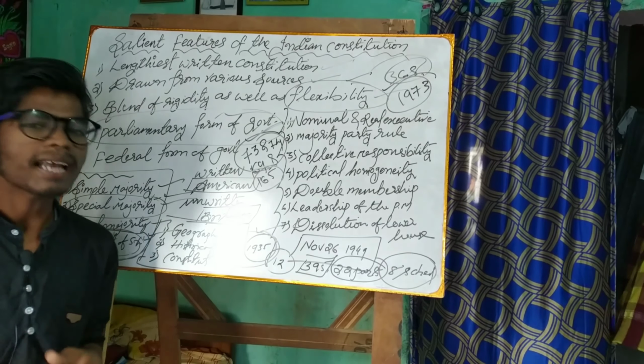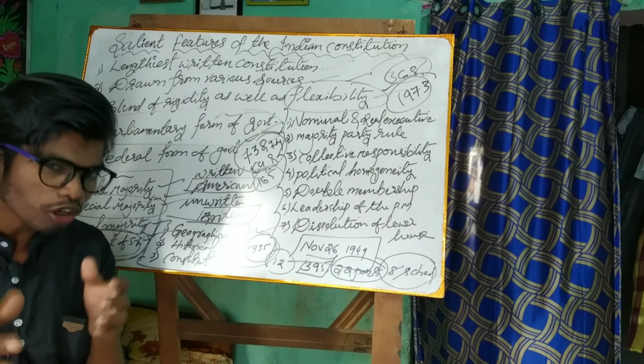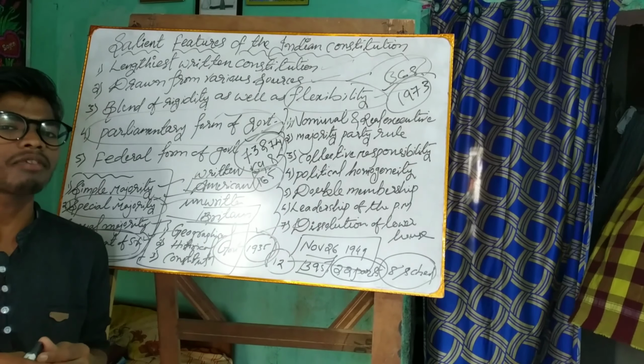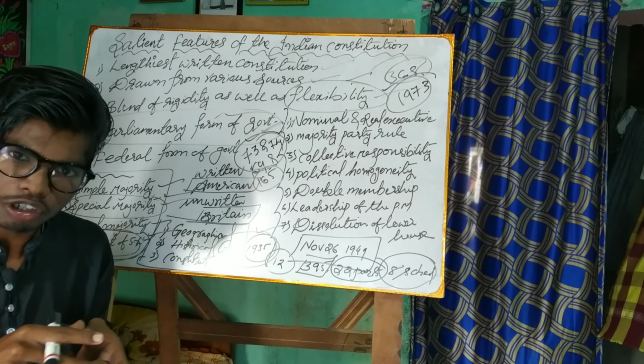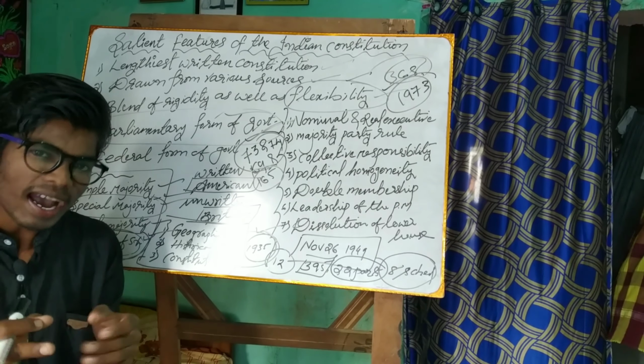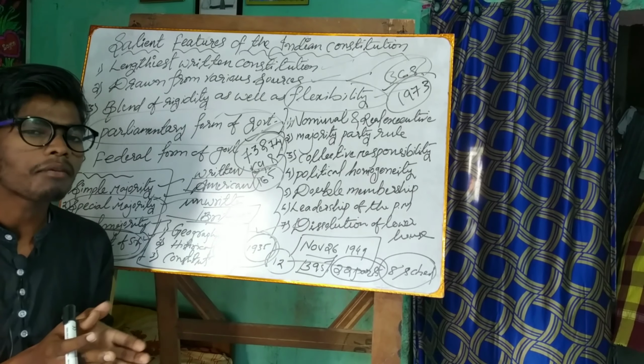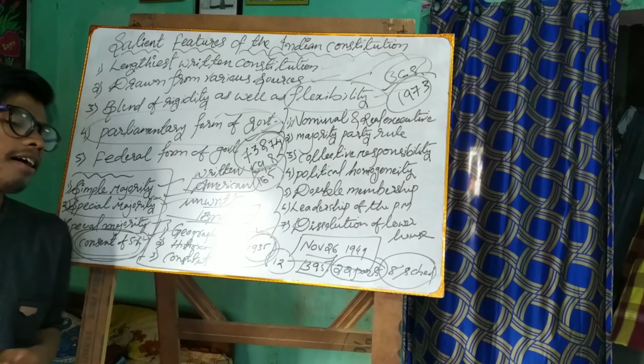So what do you mean by the parliamentary system of the government, what do you mean by the presidential system of the government, what is the difference between the two, and why has India adopted a parliamentary system of the government? Everything we are going to discuss here.